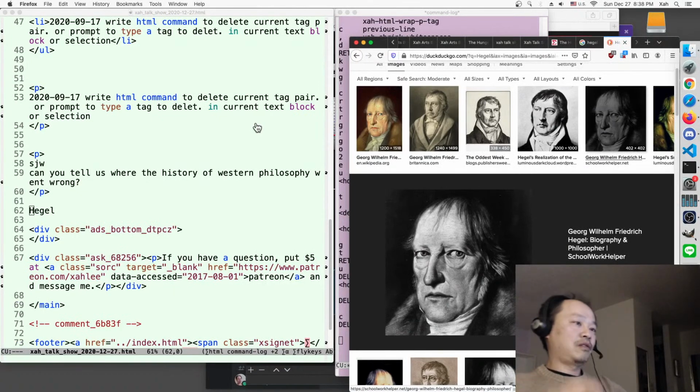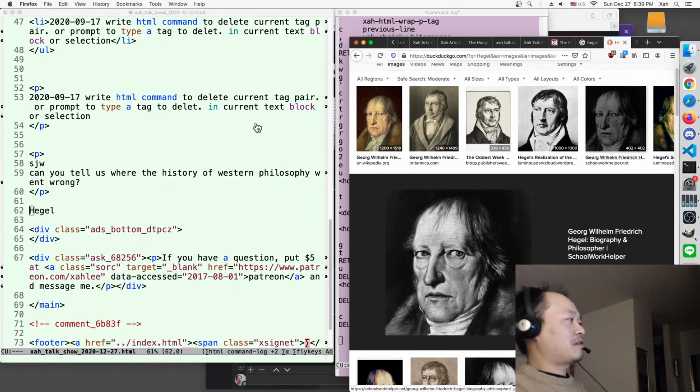You have heard of him, and people will usually say his philosophy is difficult to understand. That's a common thing with crackpot philosophers: when you don't understand something, they just say it's because it's difficult. It's bullshit.